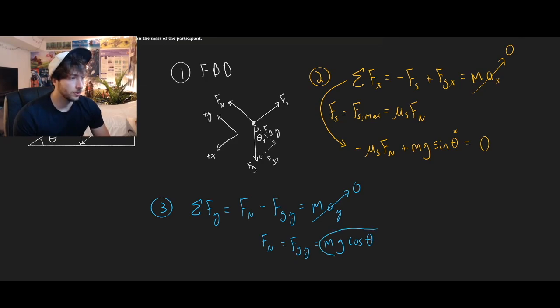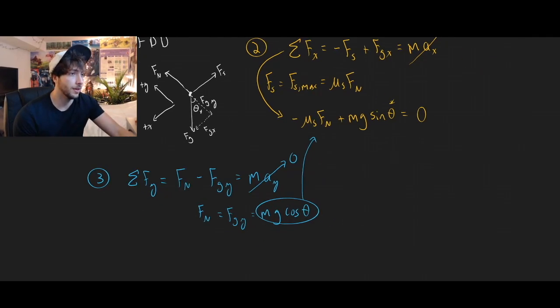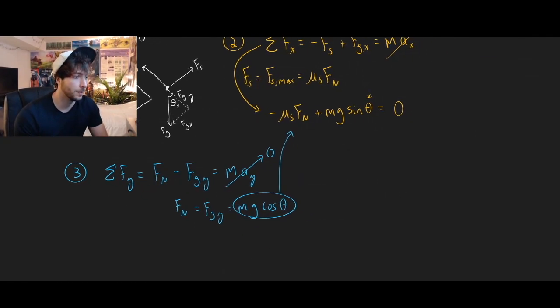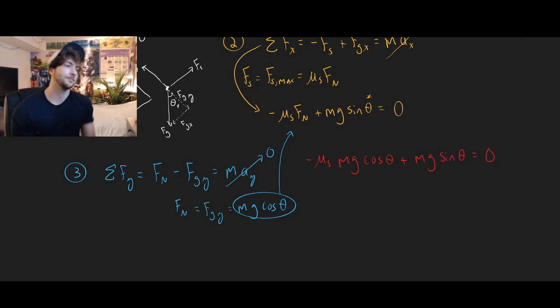So what we'll do is take that little fact that we just learned and plug that in up here for Fn, and that will be our step 4. So our equation reads negative mu s times mg cos theta, plus mg sine theta equals 0.